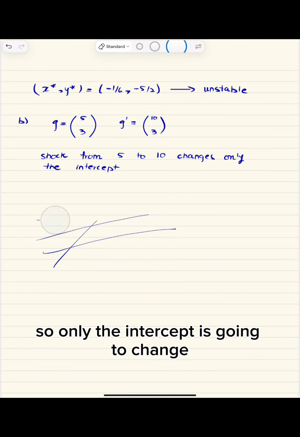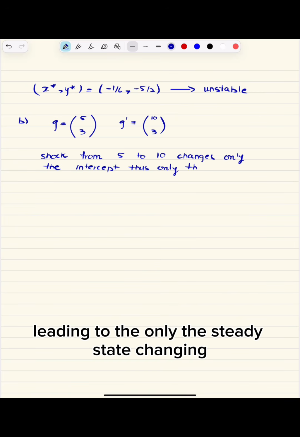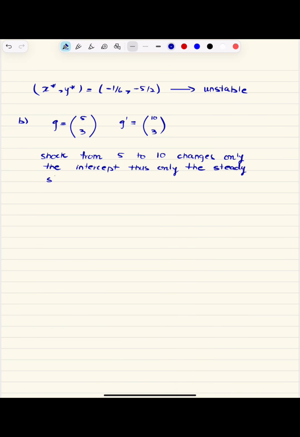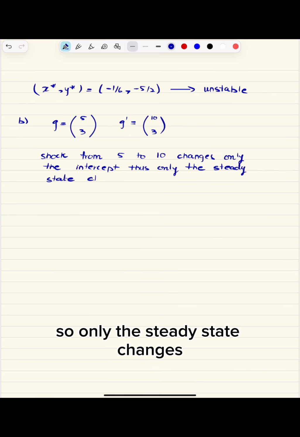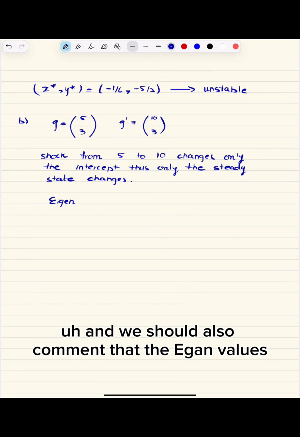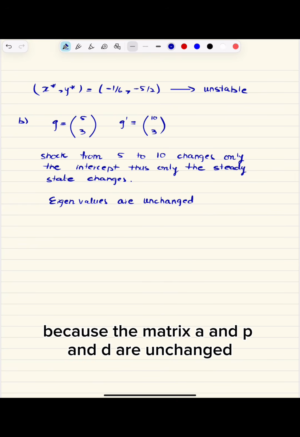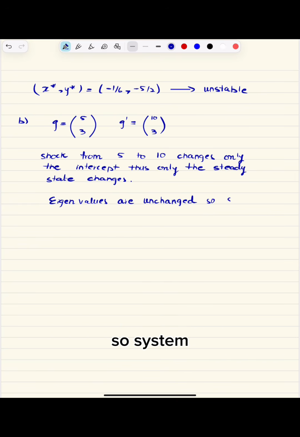So only the intercept is going to change, thus leading to only the steady state changing. And we should also comment that the eigenvalues are still unchanged, right? Because the matrices A and B and D are unchanged. So the system is still unstable.